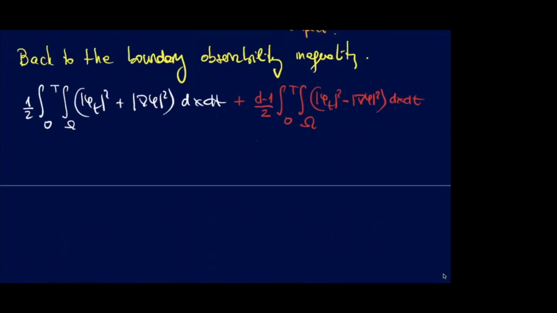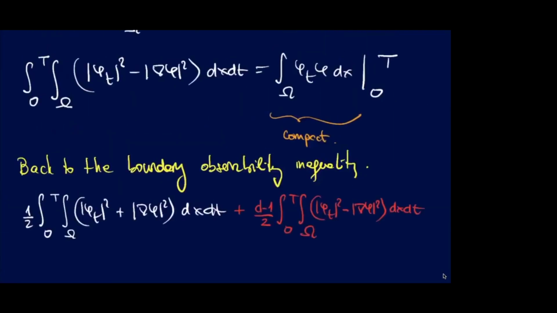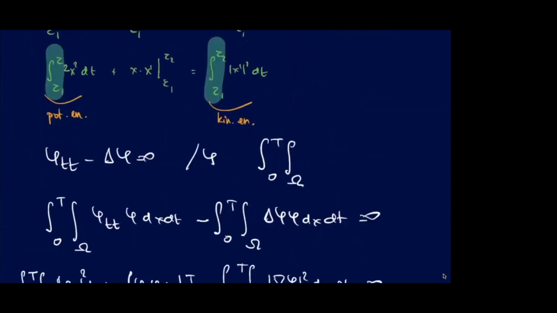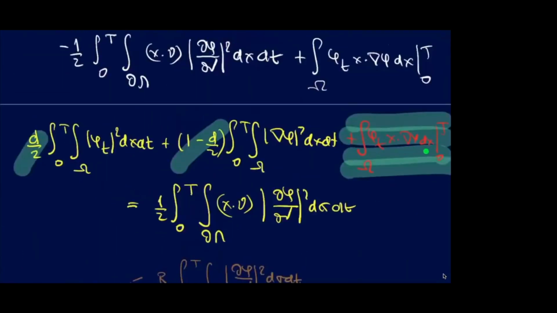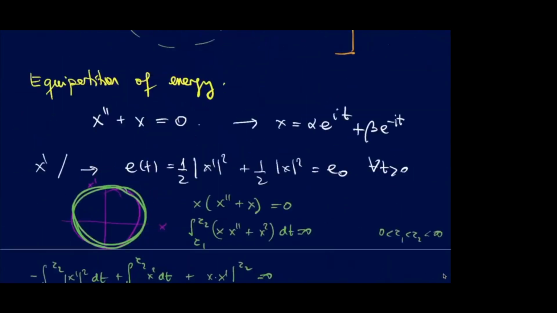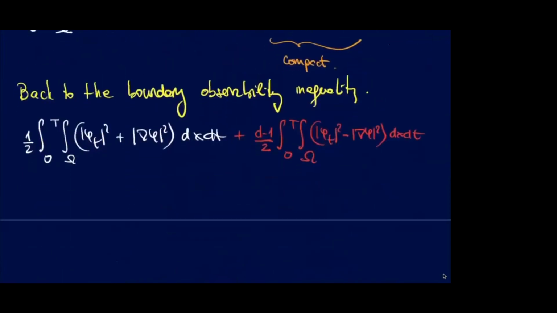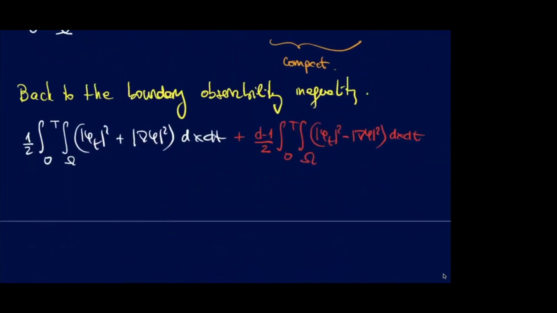Okay, good. Now, what is the price we paid when we did that? Well, I generated, of course, (d minus 1)/2 times this term. But recall that we also had another remainder term that was coming from here, right? So then I have two remainder terms.